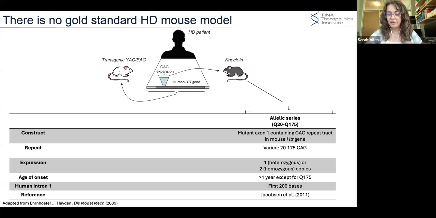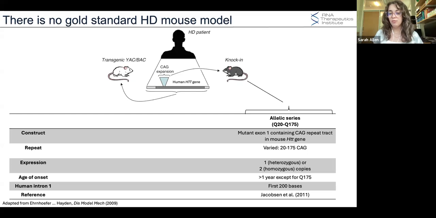This Q allelic series contains an insertion into exon 1 of the endogenous mouse Huntingtin gene, as well as a bit of the intron inserted. And the number of repeats in the Q series varies. So there's Q20 mice with 20 CAG repeats all the way up to Q175 mice.